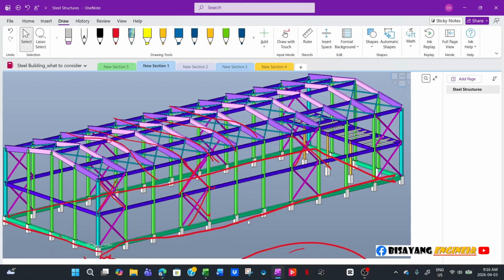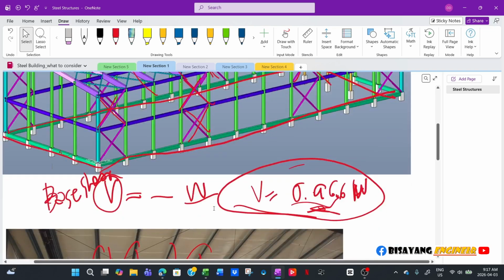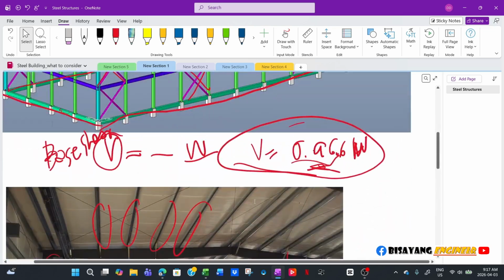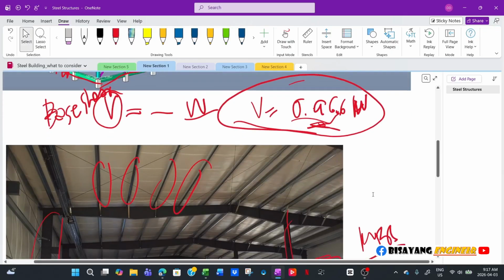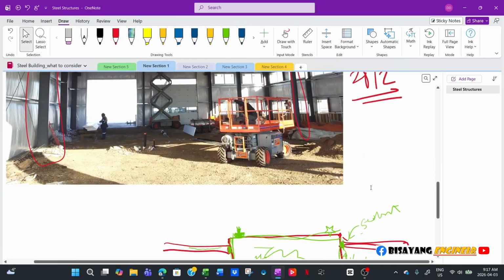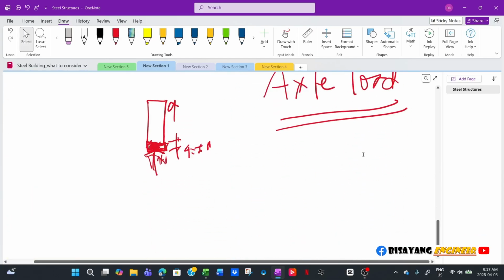Then he would give me a list of all kinds of trucks. If this is a shop, I will ask what kind, are you a heavy mechanic shop? Then I would expect that there will be some dump trucks and dozers and tankers that would come in and out of the building. If that's the case, when you design this one, you have to account for the vehicle load in your grade beams and foundation as well.